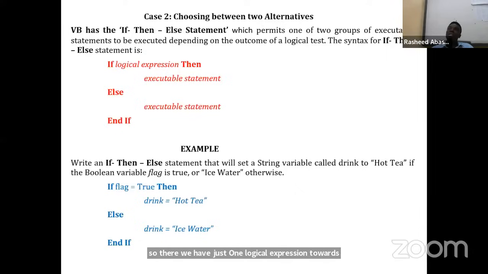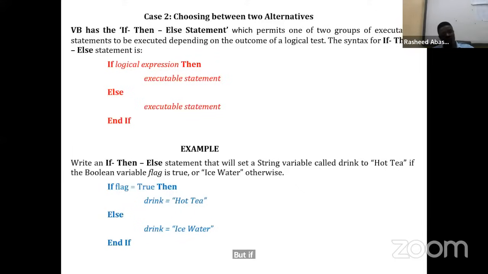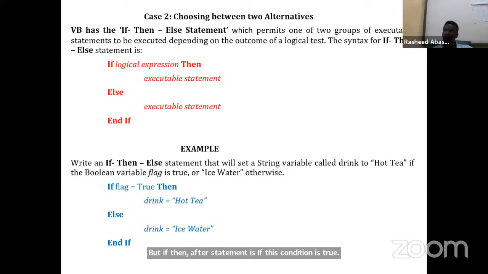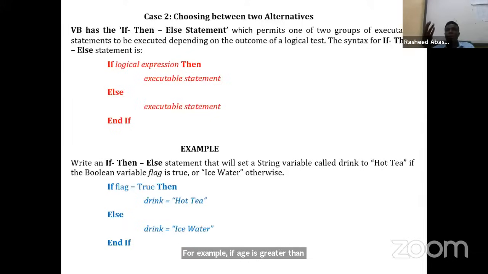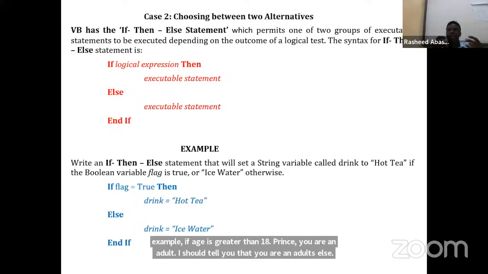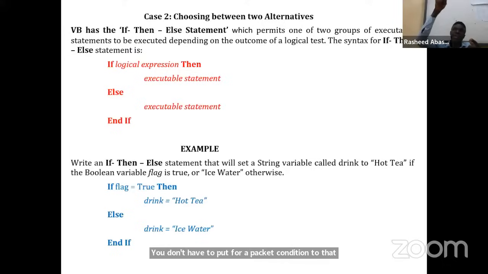But the If-Then-Else statement is: if this condition is true, do this. Else, you don't need to attach a condition to it because Else is going to be the negation of the logical expression. For example, if age is greater than 18, print you are an adult. Else, you don't have to attach a condition to that Else, because Else already negates that condition.